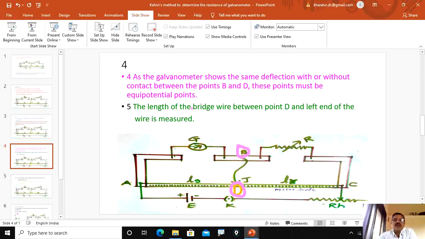Here the length of the bridge wire between point D and the left end of the wire is measured. Then this length between A and D is measured. Similarly, the length between C and D is measured.